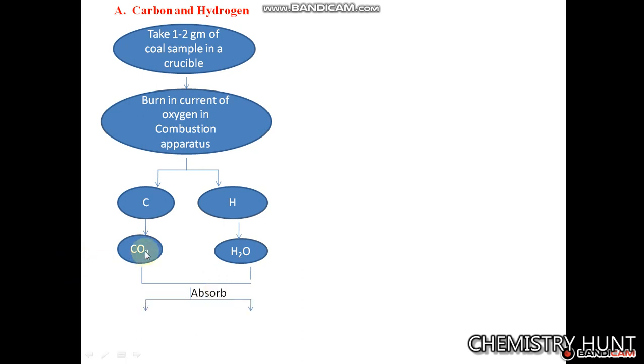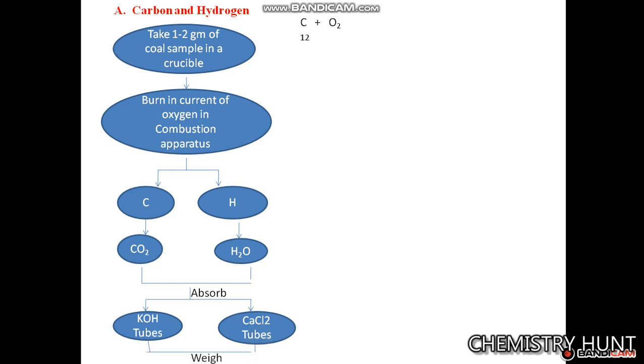The carbon dioxide is absorbed in KOH tubes, whereas H2O is absorbed in calcium chloride tube. After they are absorbed, the weight is taken. We see the reaction, that is carbon plus oxygen gives carbon dioxide.